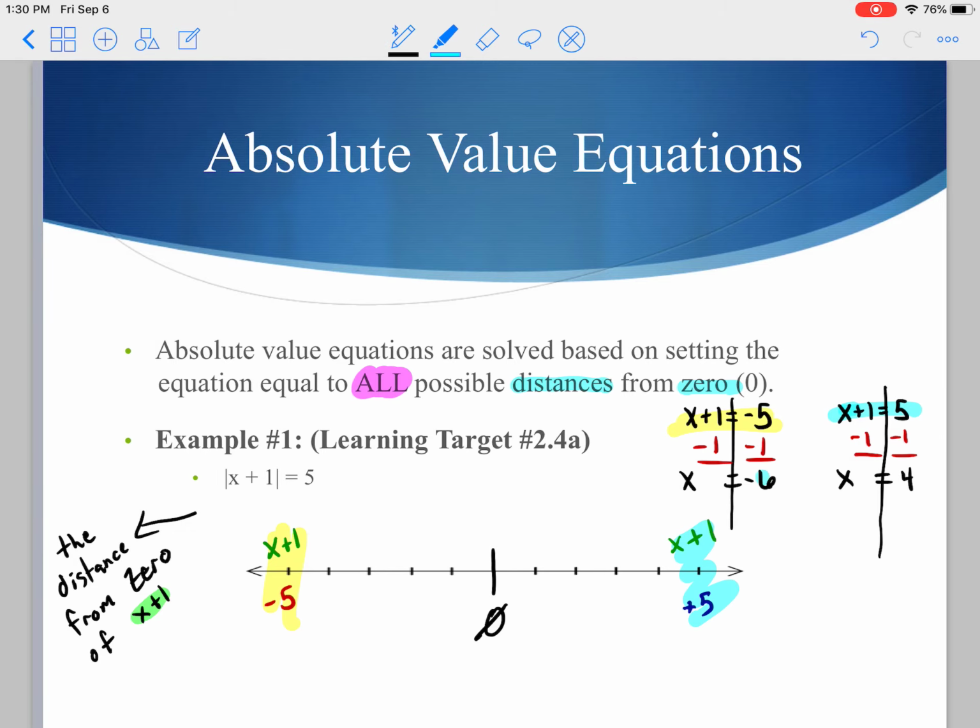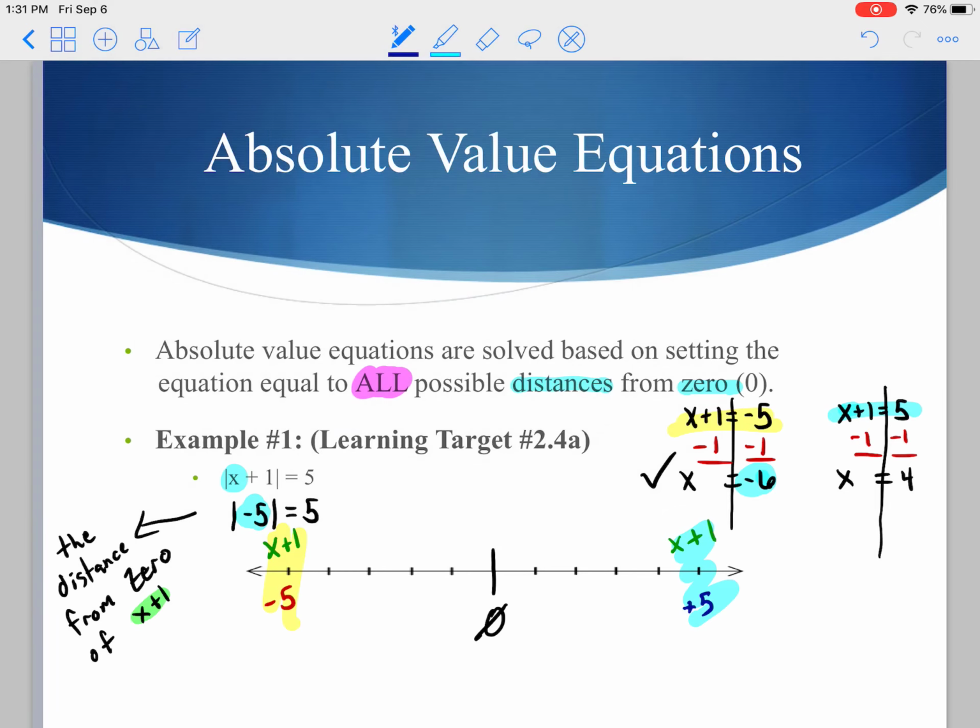So in the first case of x equals -6, I'm going to substitute the -6 back in for x. And when I do that, I end up with the absolute value of -5 is equal to 5. And once again, thinking of the distance from 0, the distance of -5 from 0 is 5. So that is a valid solution.